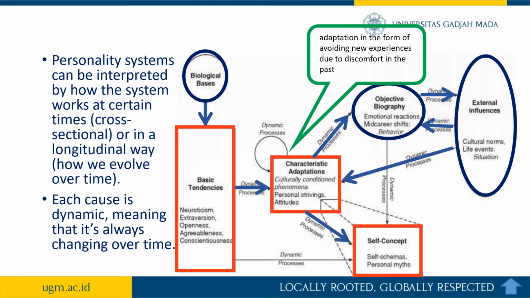Maybe we remember some traumatic experiences, or maybe when we behaved in a certain way in a situation similar to the new experience, we felt dissatisfied, or we experienced some negative emotions. So that's when the dynamic process comes to itself in the characteristic adaptation.